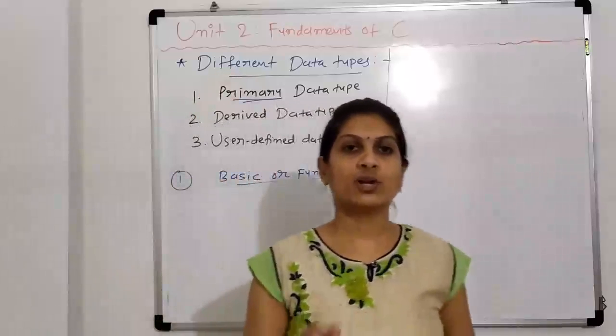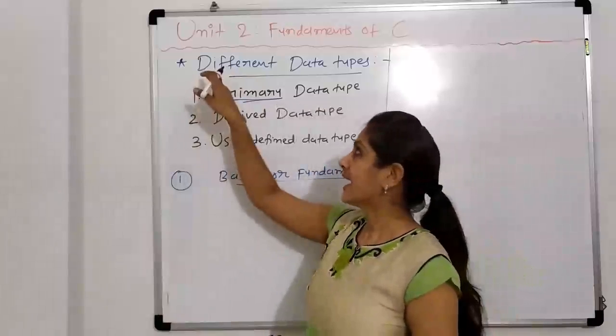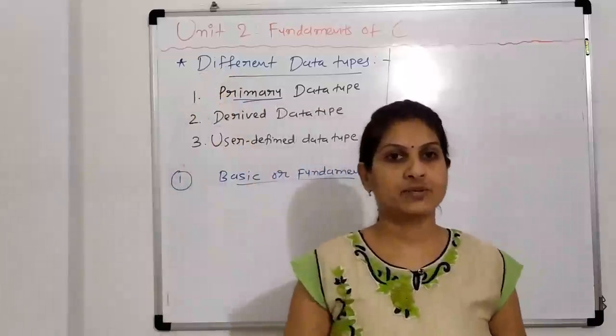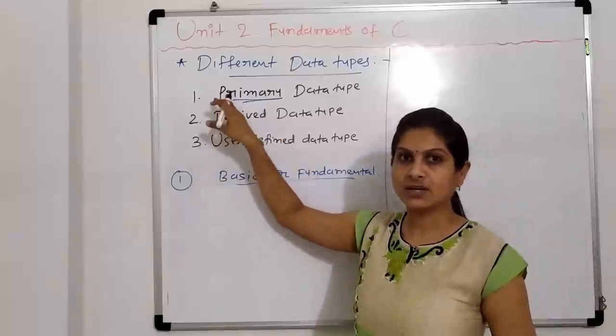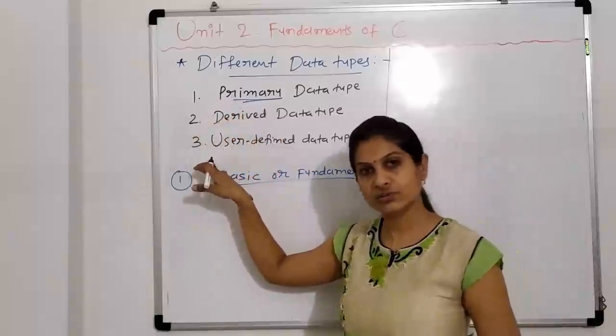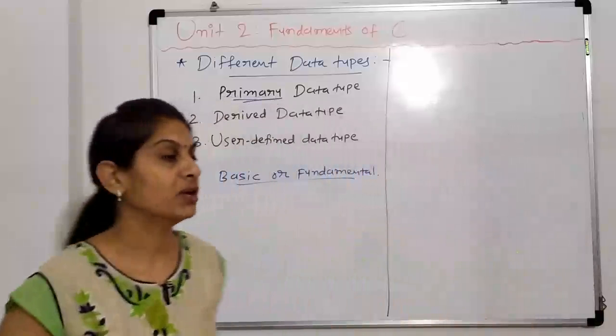Clear? And if the question is something like, explain different data types, then you have to discuss all three: primary, derived and user defined. So let us start one by one.